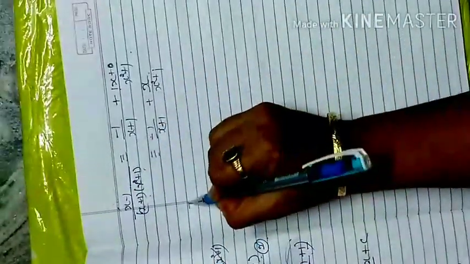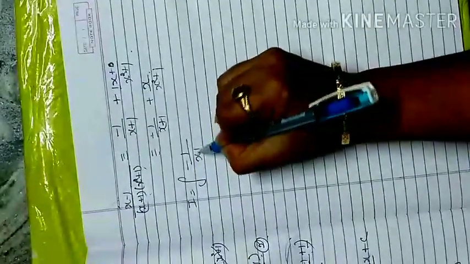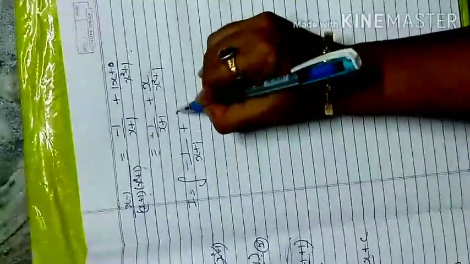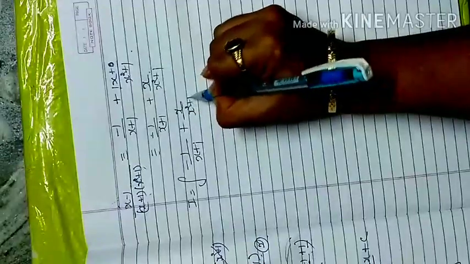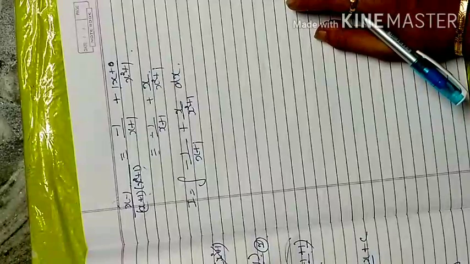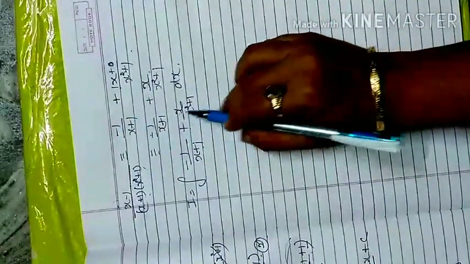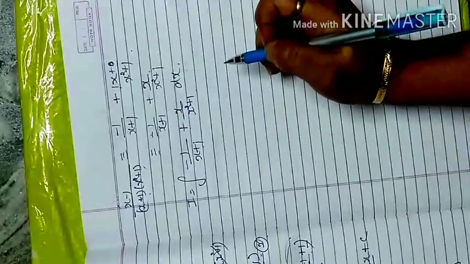So in my original question, I replace the integration with minus 1 upon x plus 1 plus x upon x square plus 1 dx. Okay, so here I got minus 1 upon x plus 1 plus x upon x square plus 1 dx.